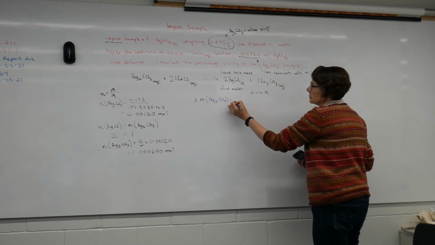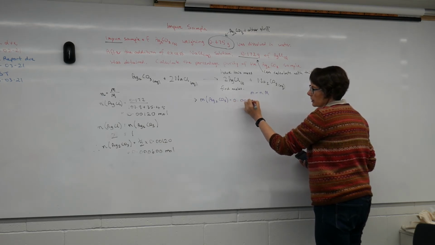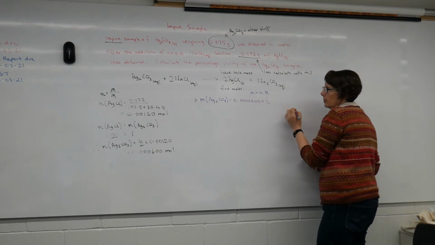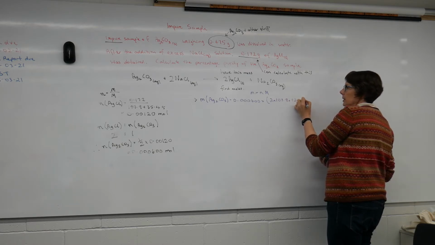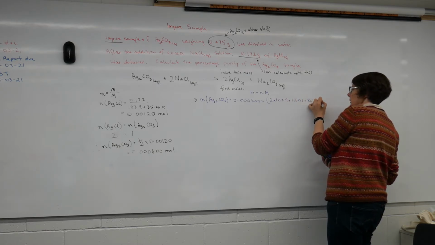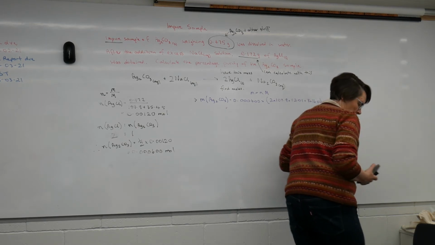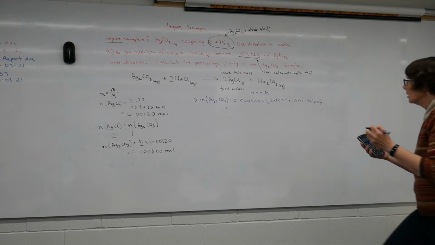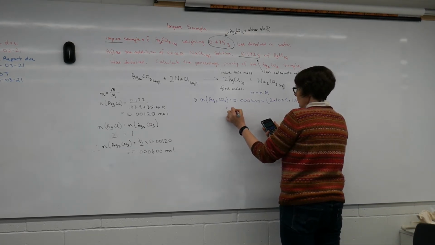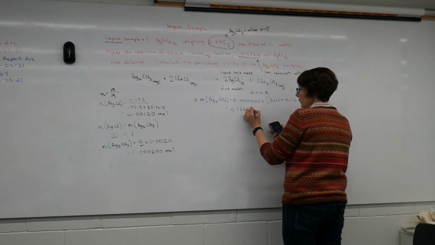We know our moles, 0.000 multiplied by 2 times 107.9 plus 12.01 plus 3 times 16, which gives 0.1655 grams.